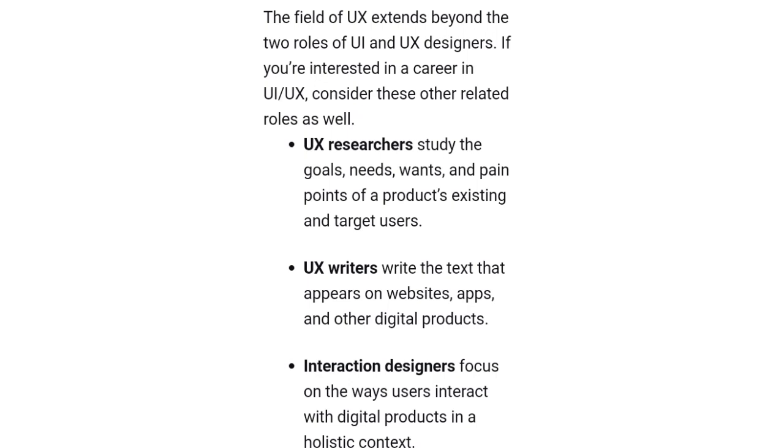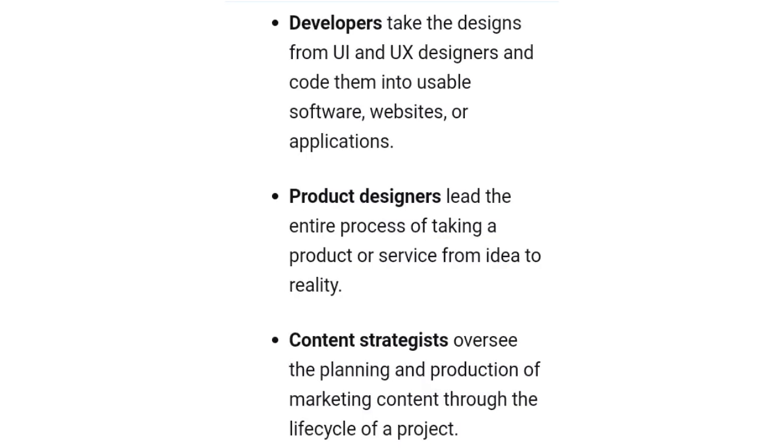Also, developers take the designs from UI and UX designers and put them into usable software, websites, or applications. Also, product designers lead the entire process of taking a product or service from idea to reality. And finally, content strategists oversee the planning and production of marketing content through the life cycle of a project.